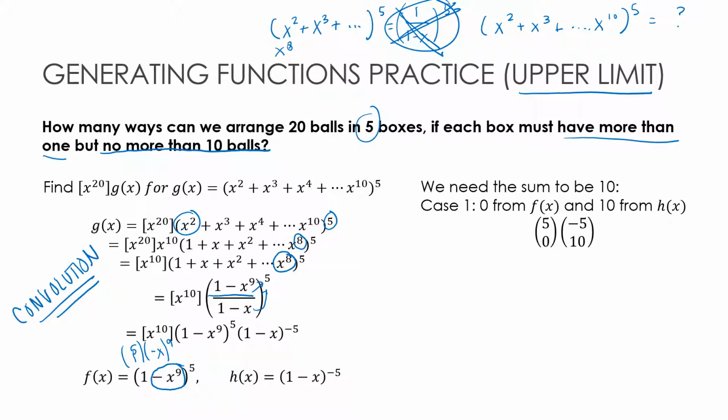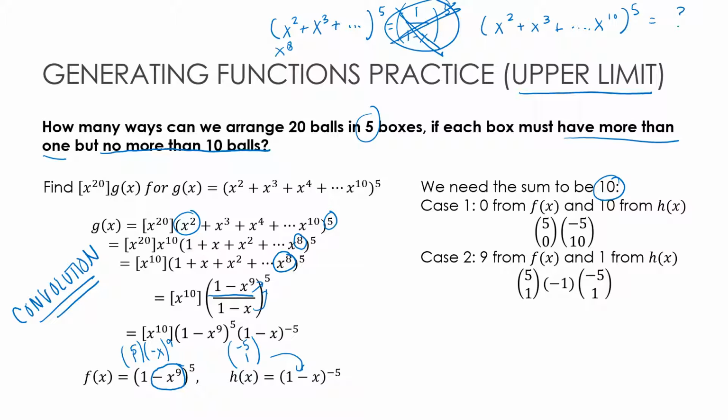Because there's 9 of them, which means I already have 9 x's. I need the sum to be 10, so how many am I going to get from here? Just 1 x from here. So that's case 2, is 9 x's from f of x and 1 x from h of x. And if you'll notice, that's how I've written it. 5 choose 1, and then why didn't I write x to the 9th?